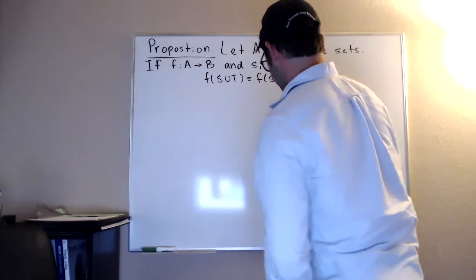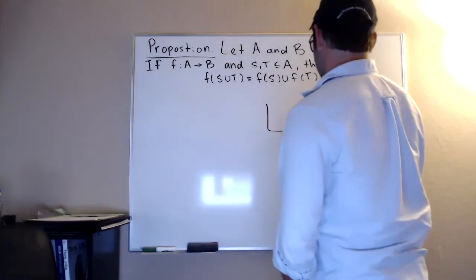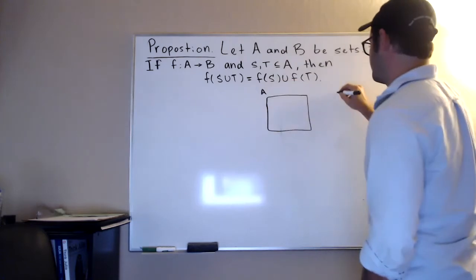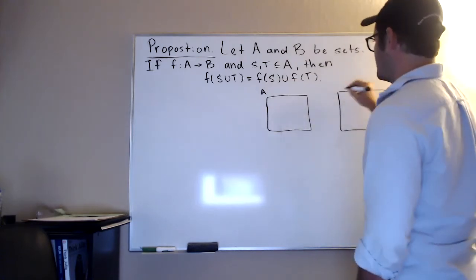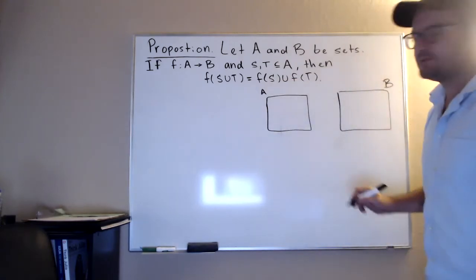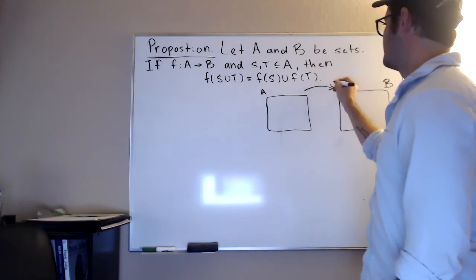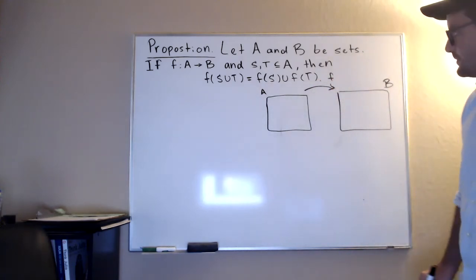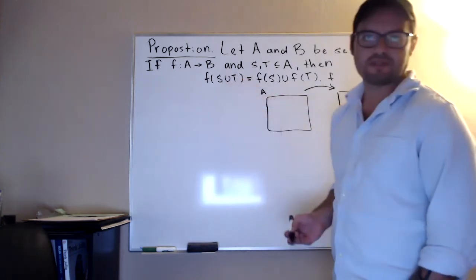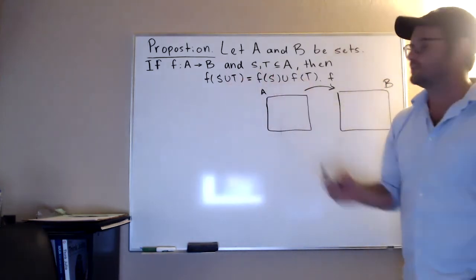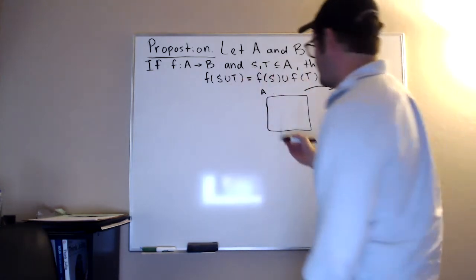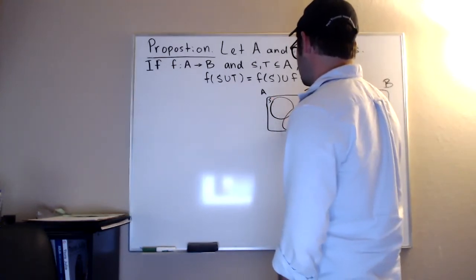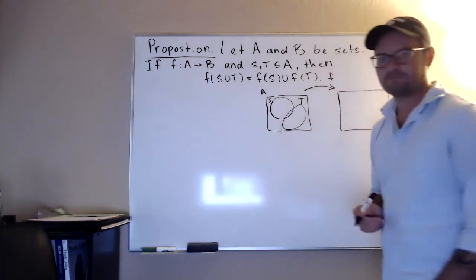Maybe here's set A, here's set B, and f takes things from A and puts them in B. And then we have some subsets S and T of A. So maybe this is S, and that's T, right?